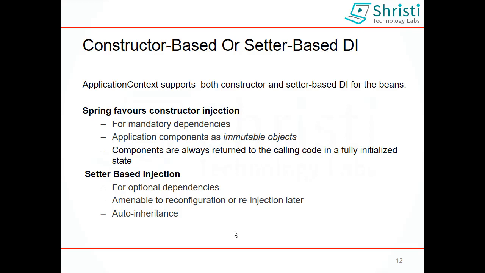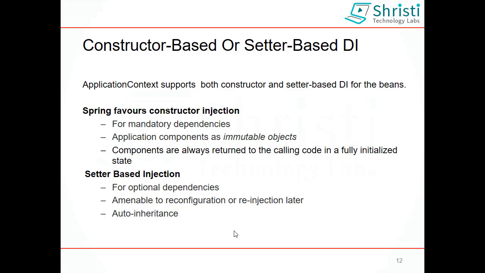Whenever you want to create application components as immutable objects, that is, once the object is created you cannot change the object. And when you want to give other components a fully initialized object, that is, when you are creating the object itself, all the dependencies are given to that object and it is ready. So any other component can use this fully initialized object as such.